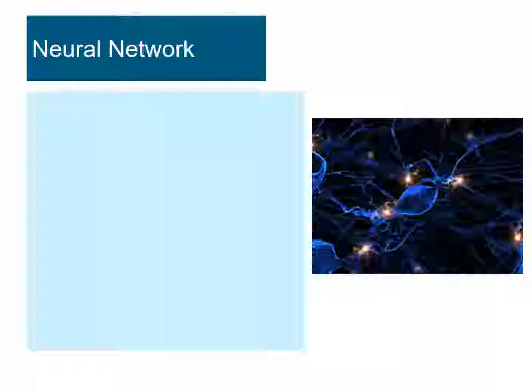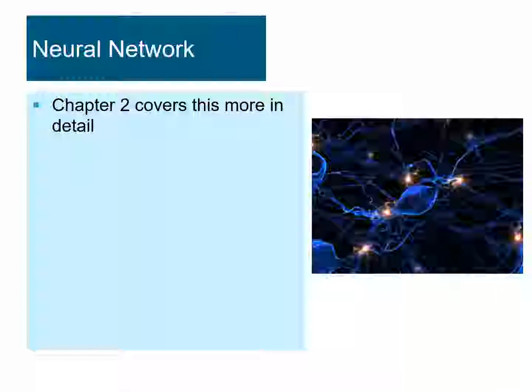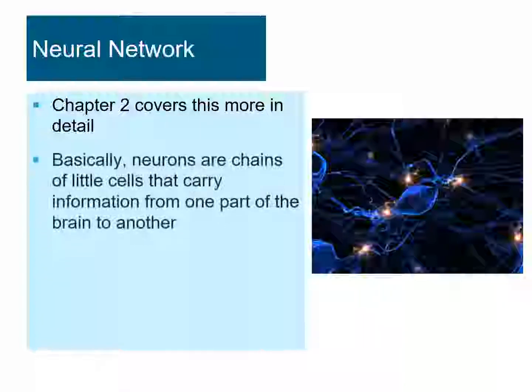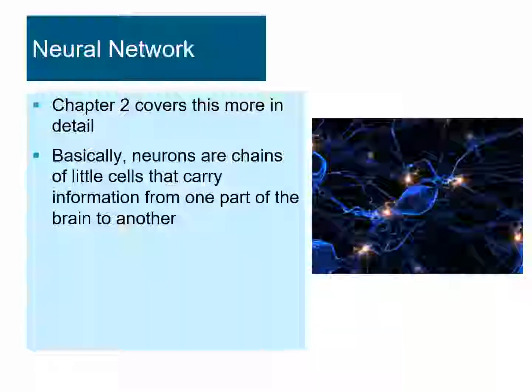As I mentioned before, there are a bunch of neurons in your brain, and they are together in a web, and this is called a neural network. Again, we'll cover more of this in chapter 2. However, basically neurons are chains of little cells that carry information from one part of the brain to another.